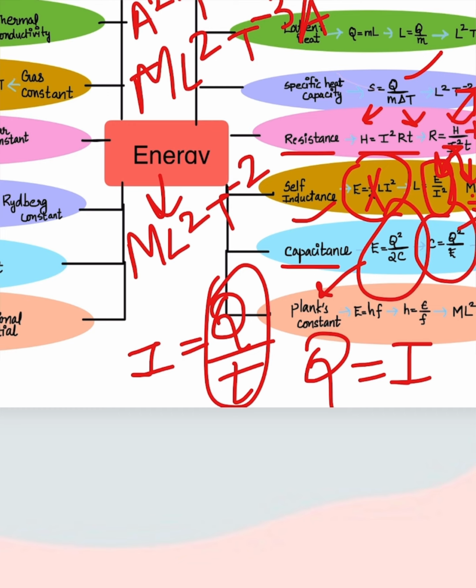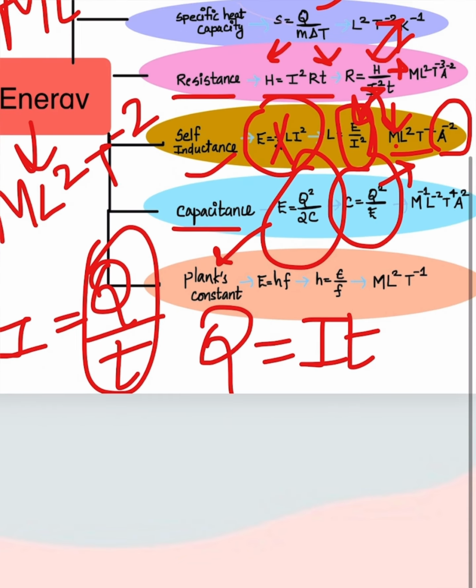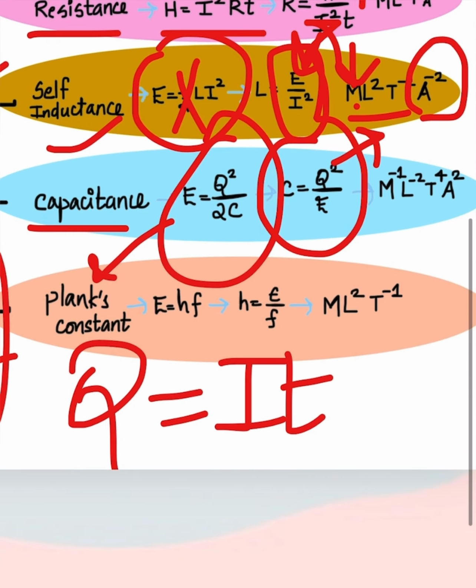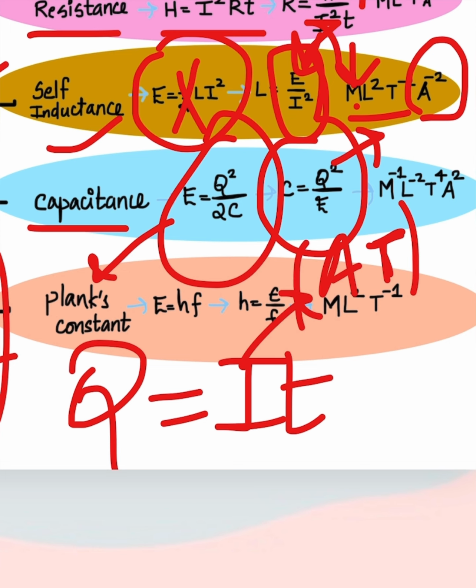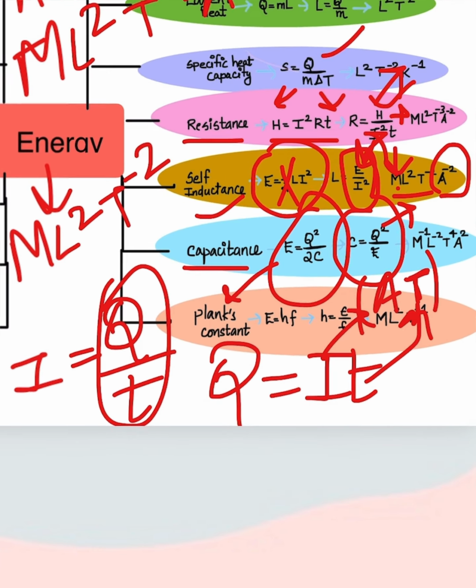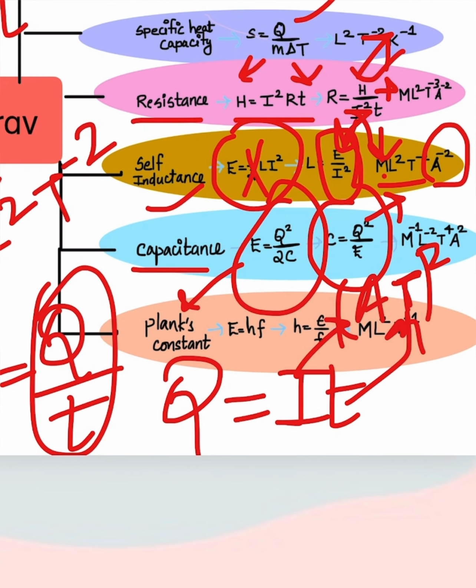Q is equal to current into time. So for charge we can write ampere, for current, into time T. Ampere into time, squared, divided by ML²T⁻².